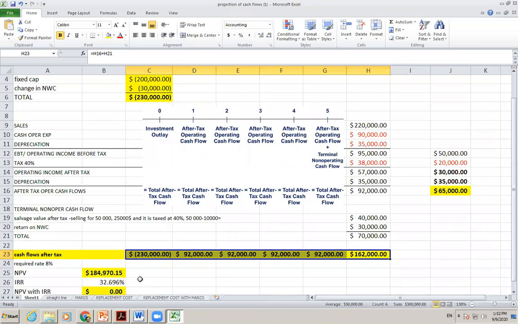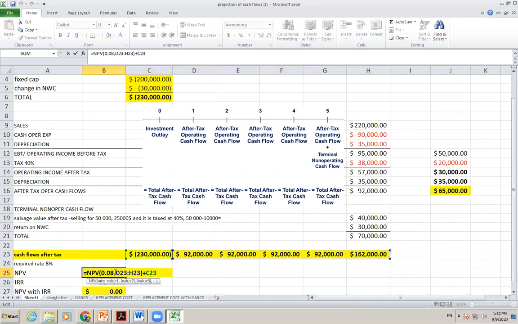And the last part, what is left, is just to calculate NPV. It's the easiest part. You just put the NPV function. Discount rate is 8%. You get this range from G23 to H23, from 92,000 to 162.